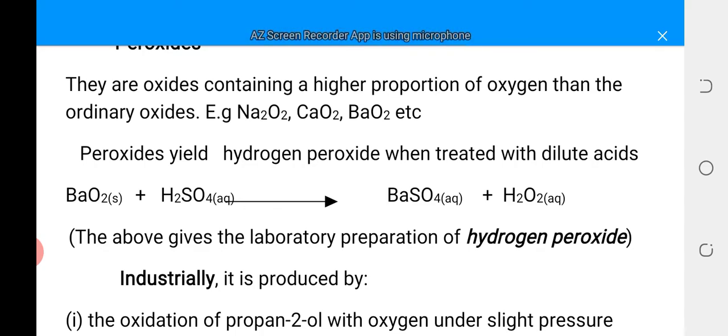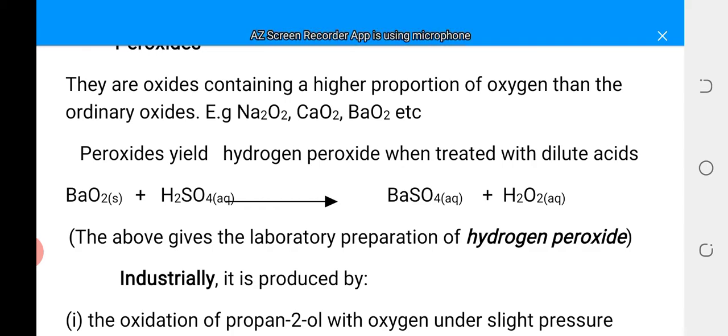If anybody asks you to describe how you can prepare hydrogen peroxide in the laboratory, you can use peroxides or higher oxides like barium peroxide plus H2SO4, giving us barium sulfate, and H2O2 is produced. That is for preparation of hydrogen peroxide.